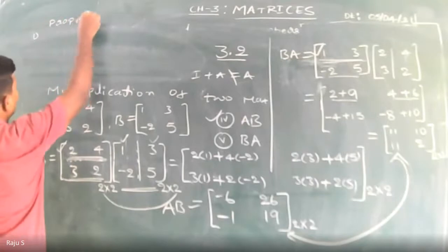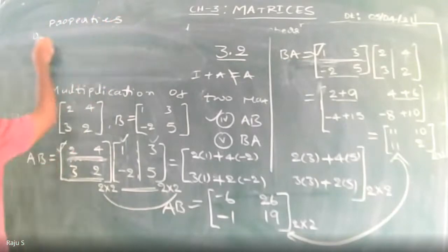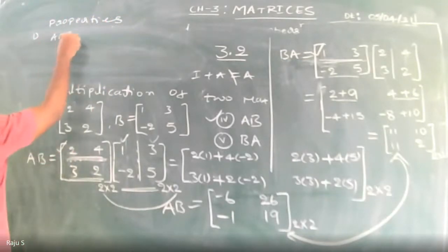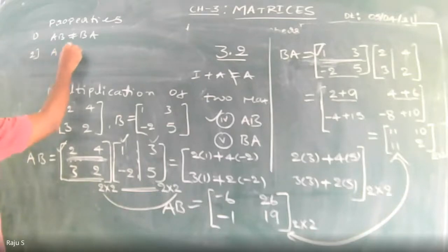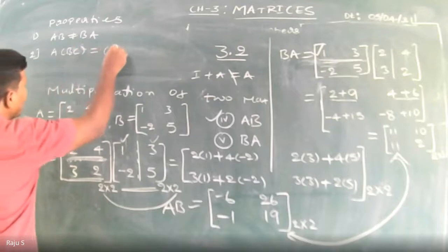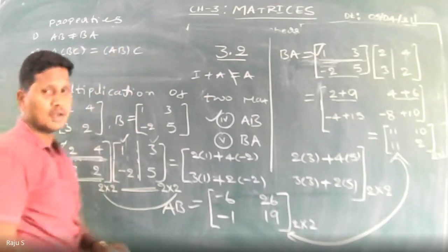You can observe some simple properties. The first one is AB should not equal BA. That is a very important property. The second one is A into BC is equal to AB into C, so it is associative.